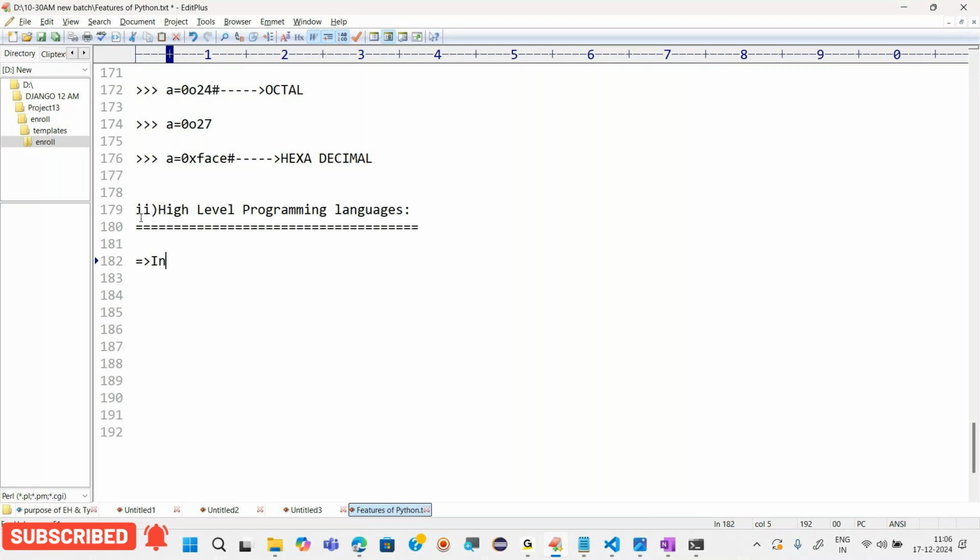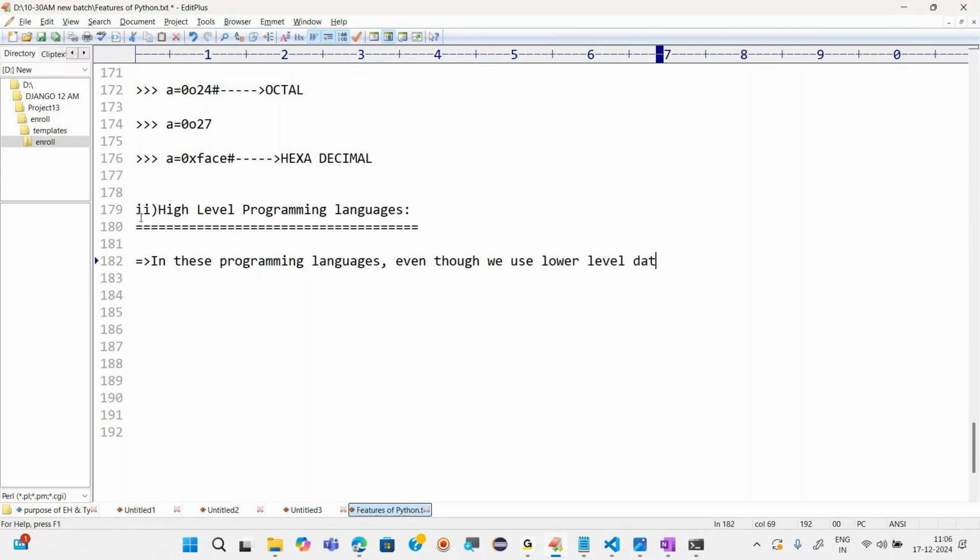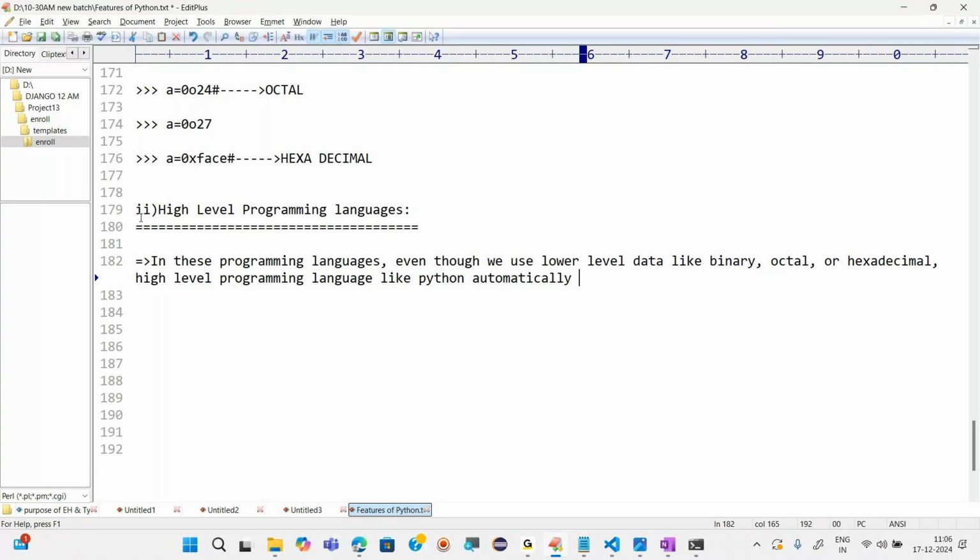In these programming languages, even though we use lower level data representation like binary, octal, or hexadecimal, a high level programming language like Python automatically converts them into decimal data.